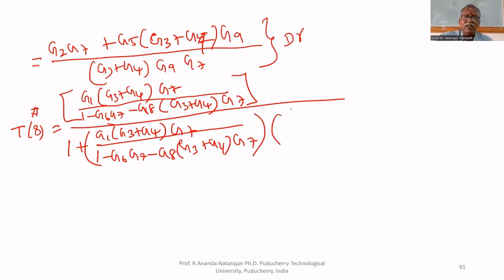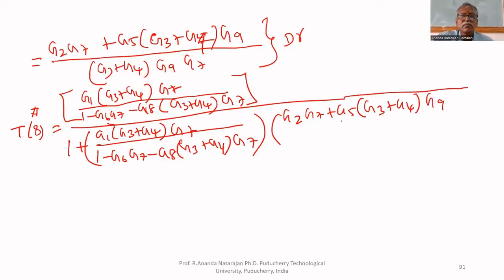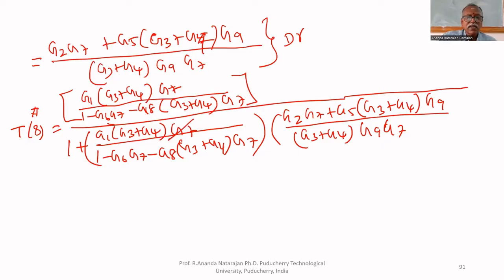For denominator we already derived, that is G2, G7 plus G5, G3 plus G4 multiplied by G9, divided by G3 plus G4 multiplied by G9, G7. So here G7 is getting cancelled. G3 plus G4 is getting cancelled.